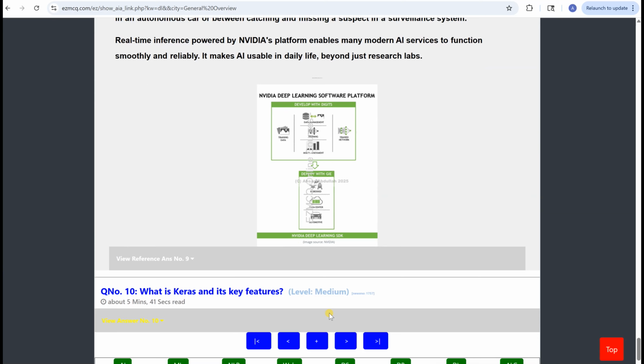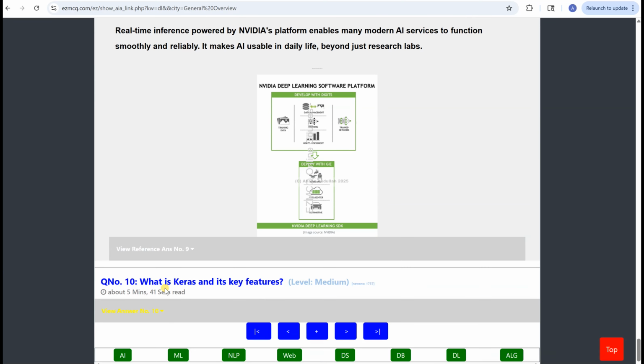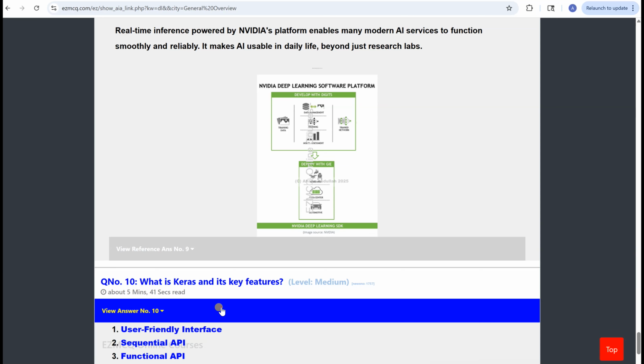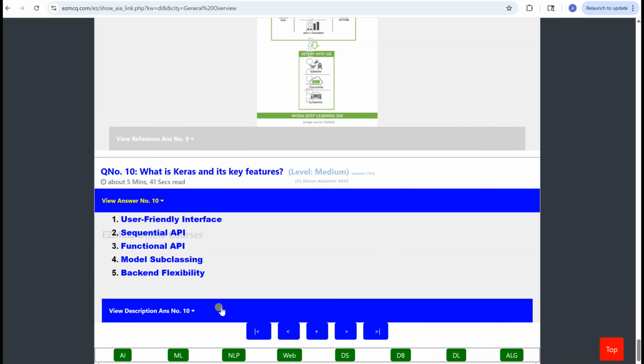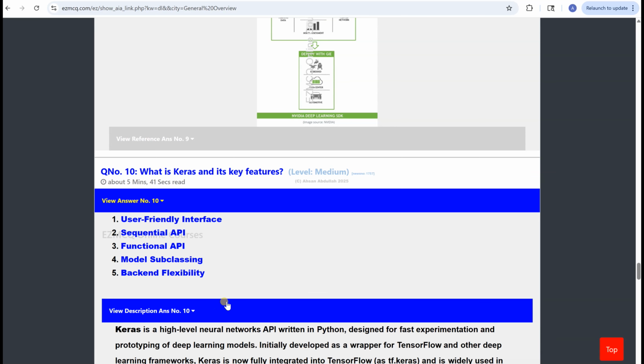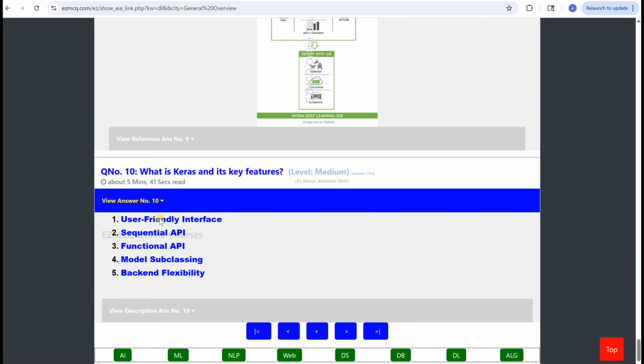Before we end this lecture, what is Keras and what are its key features? Keras is a high level neural network API written in Python. It has a user friendly interface which is clean and intuitive, good for beginners, and helps in creating neural networks.